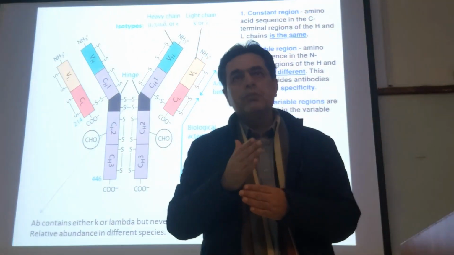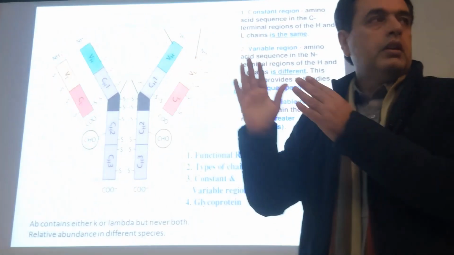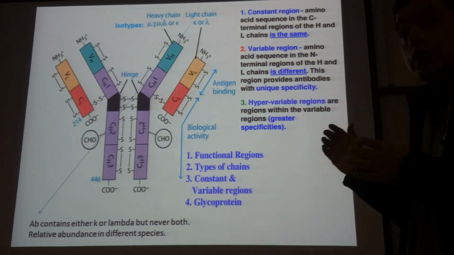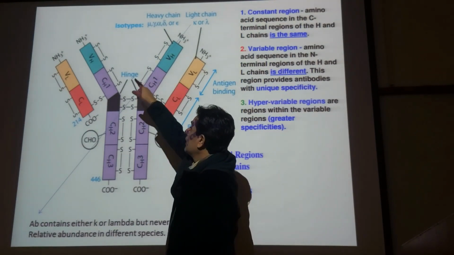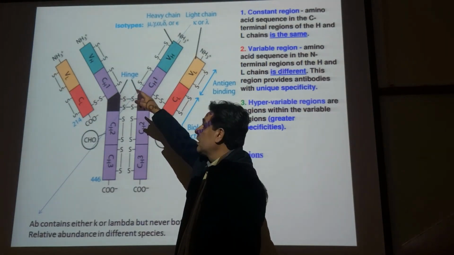But when an antibody binds to a particular pathogen, that would be either van der Waals forces, hydrogen bonding, or electrostatic interactions, okay? And that binding would be there along with the variable region that we are talking about.